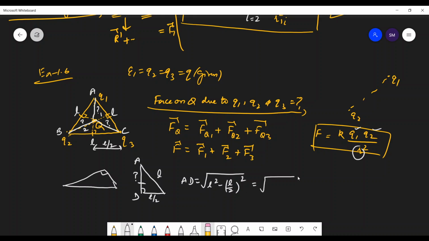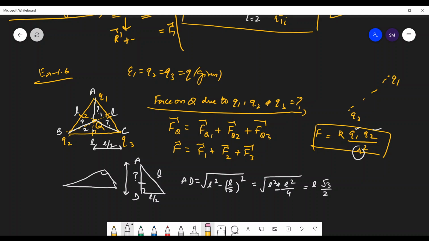That comes out to be L square minus L square by 4. L is common, and 1 minus 1 by 4 is 3 by 4, so root 3 by root 4, and root 4 is 2. So this whole length is L root 3 by 2.